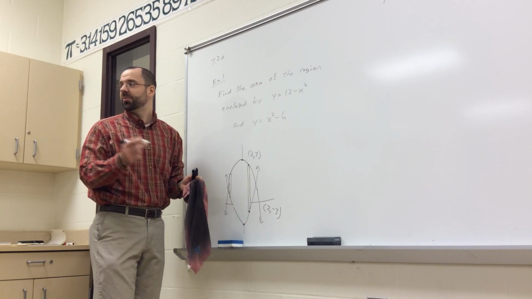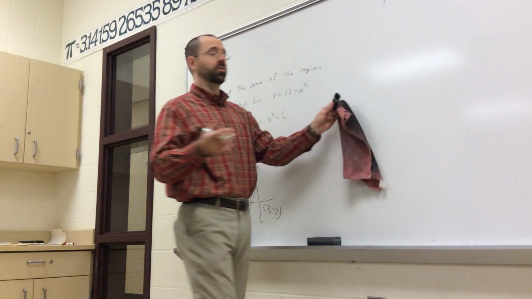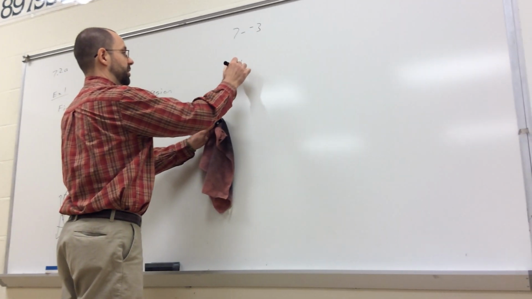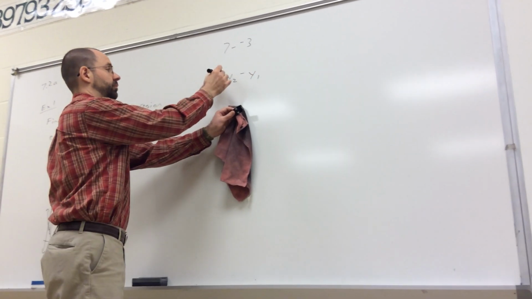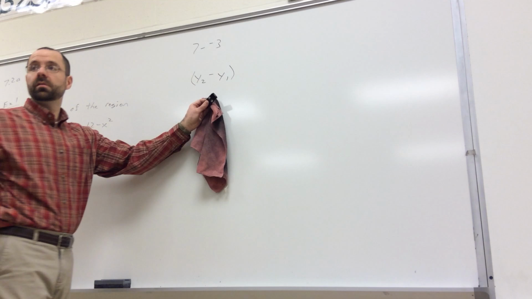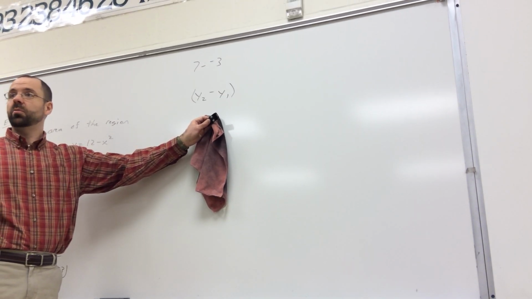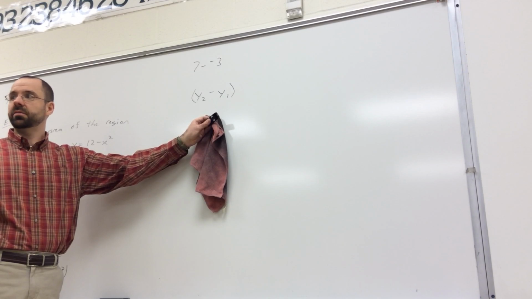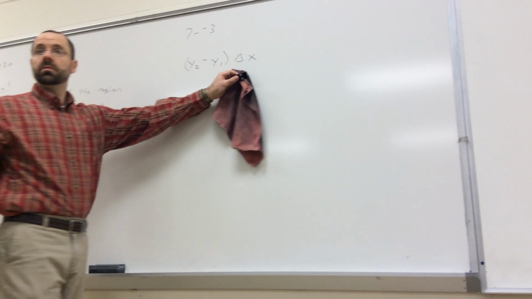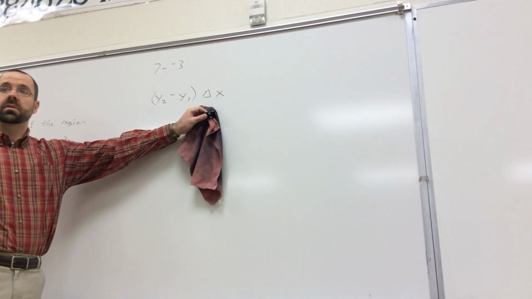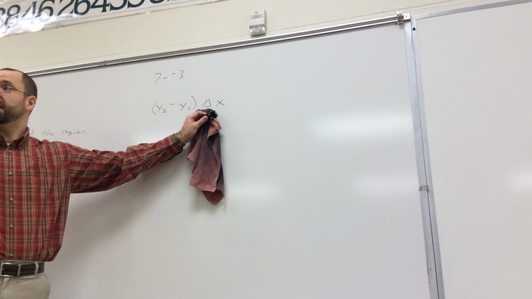So in general, I mean, all the rectangles are different, right? So they're all going to be at different points. In general, the height of the rectangle is y2 minus y1. Then the width of the rectangle, we can call it change of x. So this is the height of the rectangle, that's the width of the rectangle.